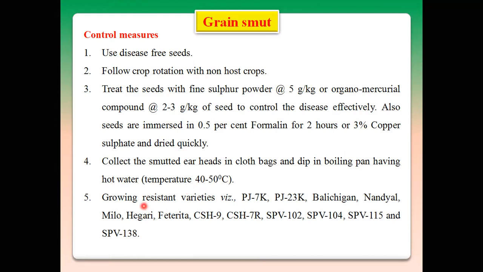Then the last point to be considered, to avoid the grain smut disease in sorghum, is growing resistant varieties, that is PJ 7K, PJ 23K, the Nandial. So these are several cultivars or varieties that are somewhat resistant to moderately resistant against the grain smut disease.